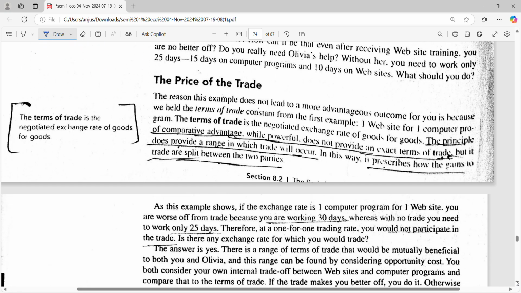Next is the price of trade. Here there is another concept, terms of trade. Terms of trade is the negotiated exchange rate of goods and services for other goods and services.